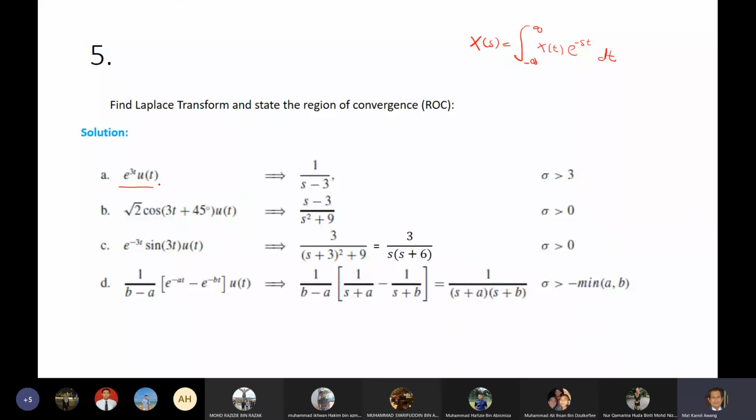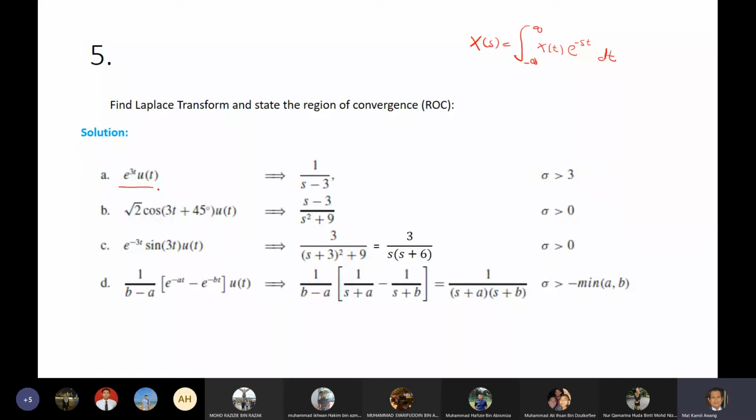So for this one, if you want to use the long way, x of t is e to the power of 3t. Because it's u of t, it means that it's from 0 to t, because for t less than 0, u of t is 0.